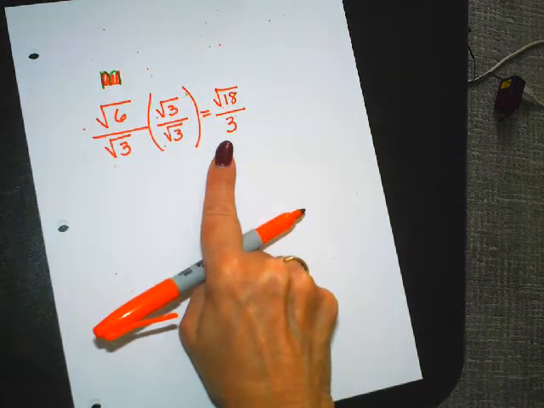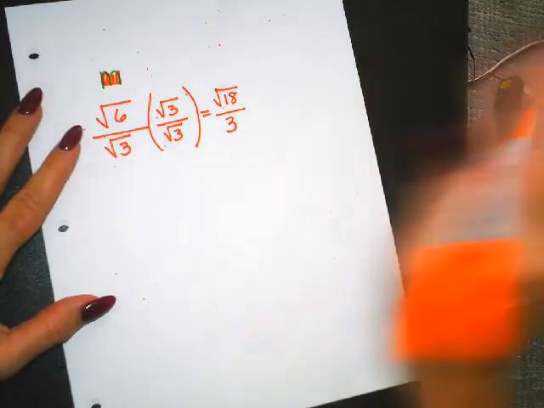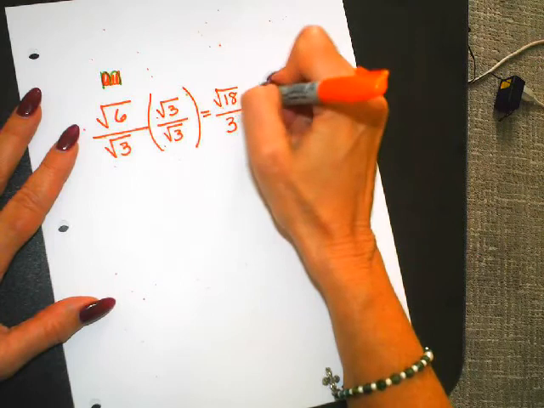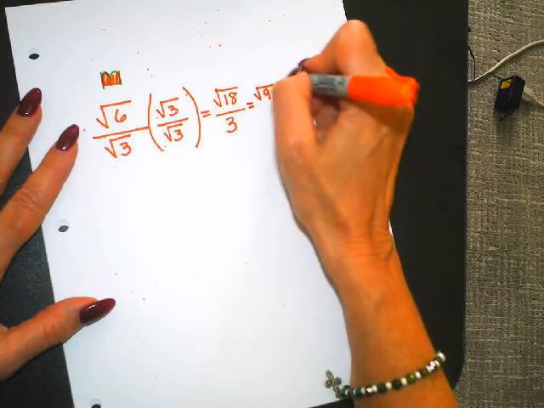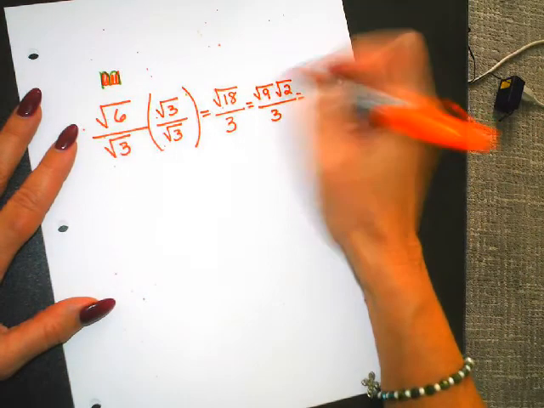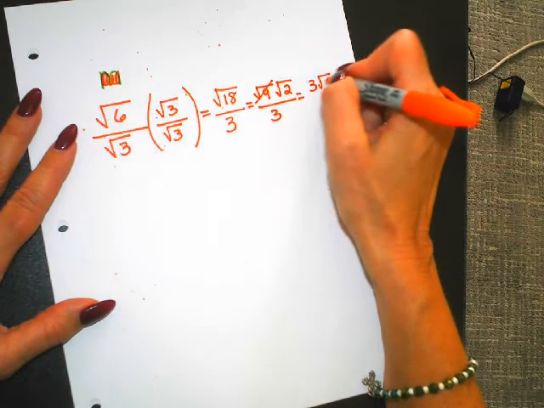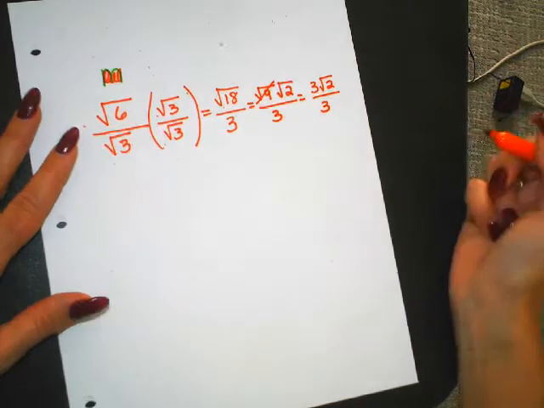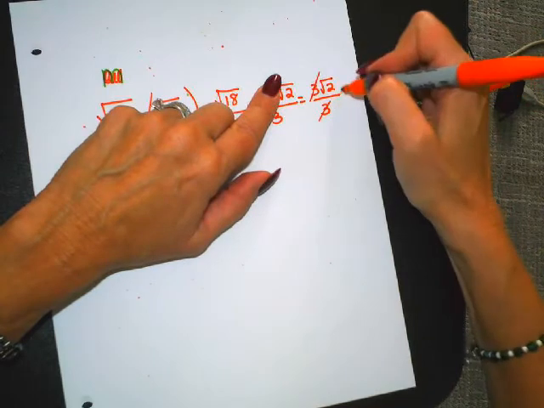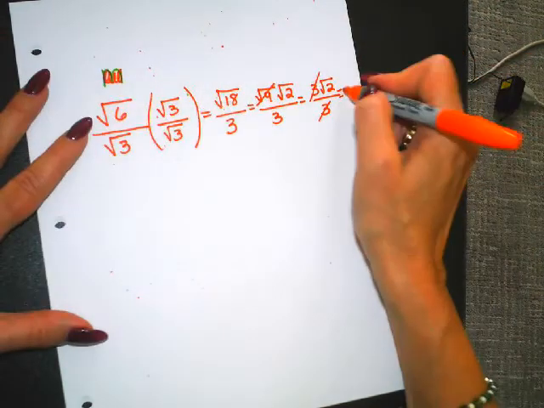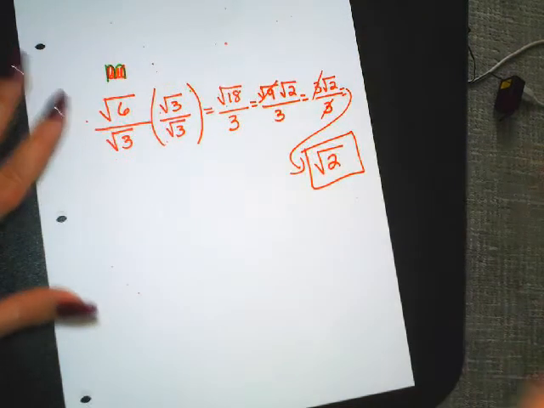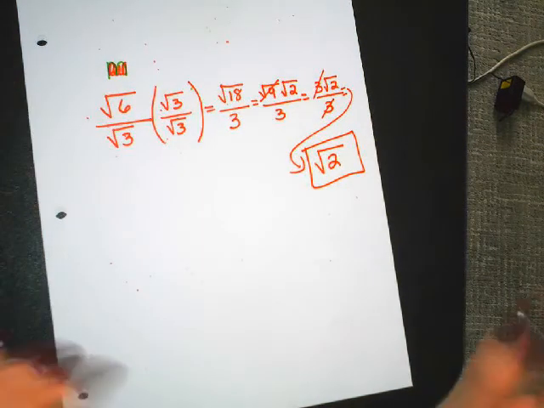I no longer have a radical in the denominator. But guys, bells should be going off in your head right now. You should be saying, wait a minute, I'm not going to leave a radical 18. I could break that down into the square root of 9 times the square root of 2 over 3. That breaks down to 3 radical 2 over 3. And look what happens very nicely: 2 non-radicals, both divisible by 3. And my final answer, I'm running out of space, so I'm going to write it here, is radical 2.